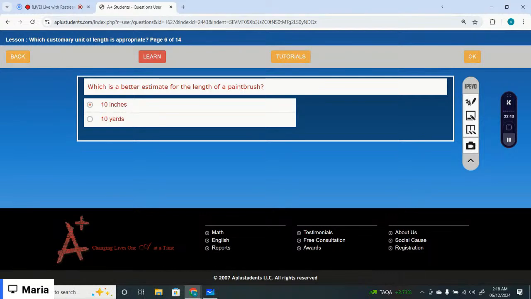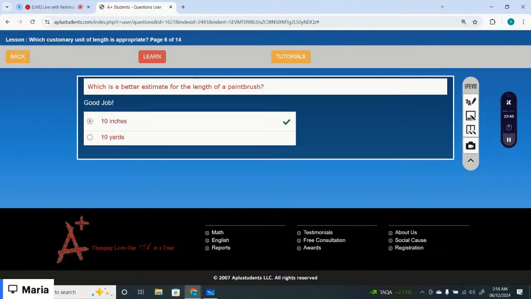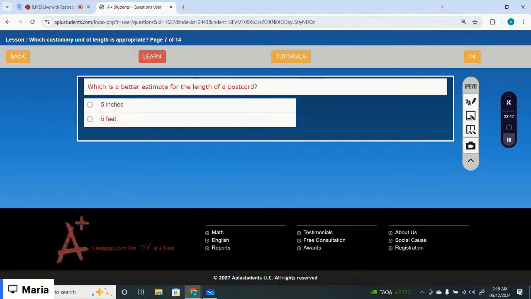The correct option is option number 1. Which is the better estimate for the length of a postcard? 5 inches, 5 feet.